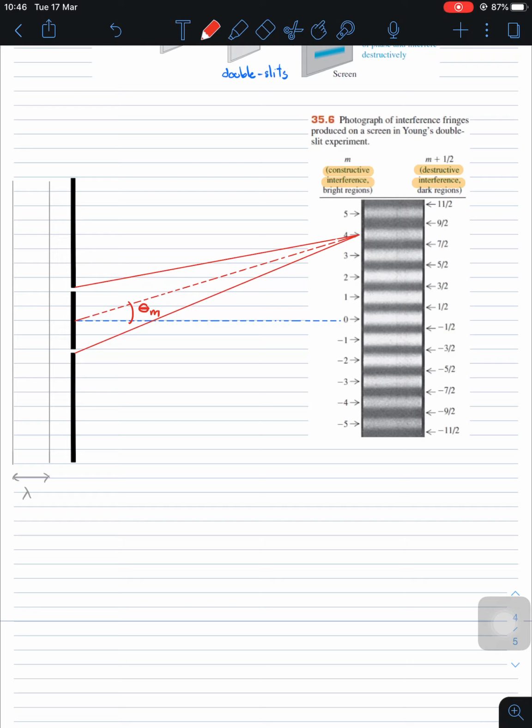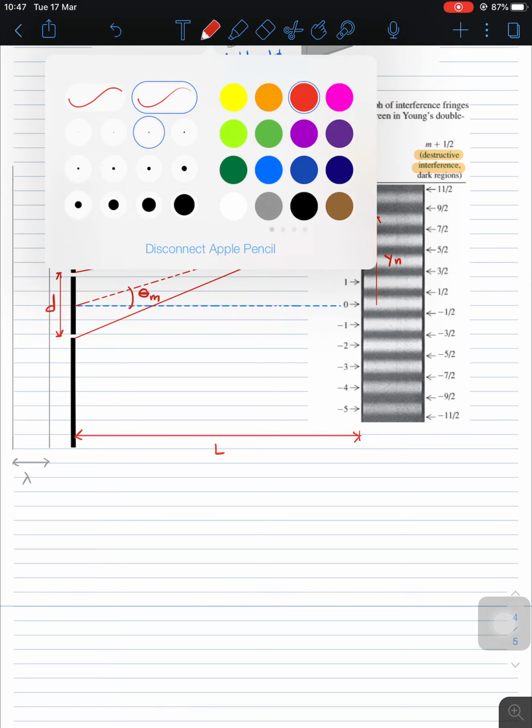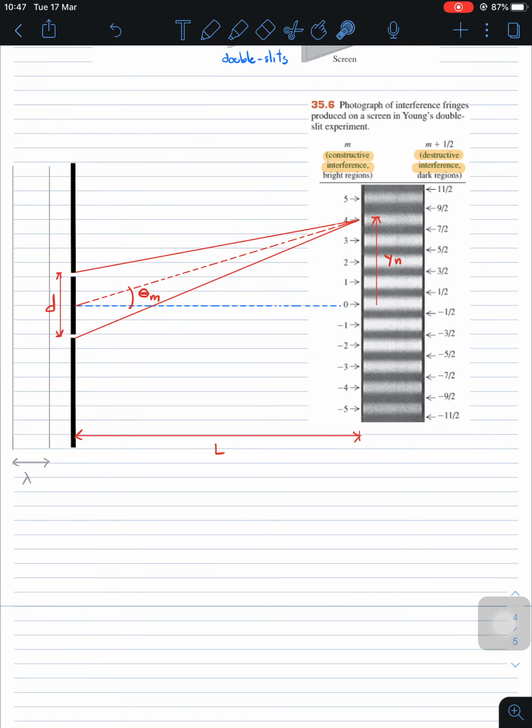Let's say the distance between the two slits is d, the distance from the slits to the screen is L, and the distance from the central maximum to the point of interest is y_m.